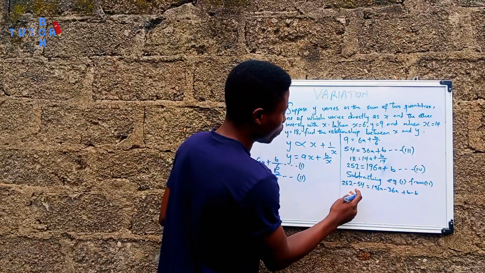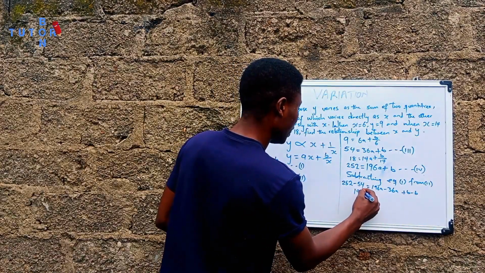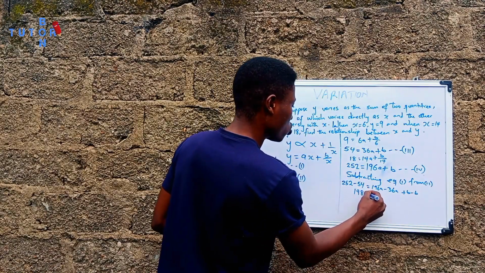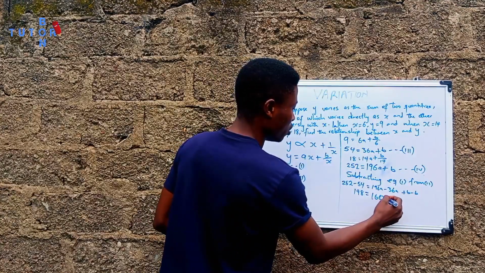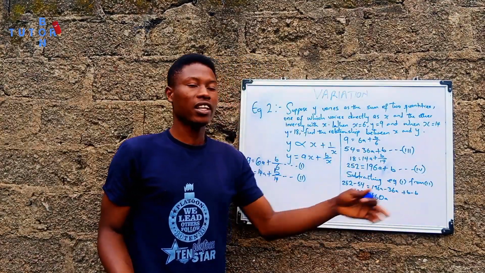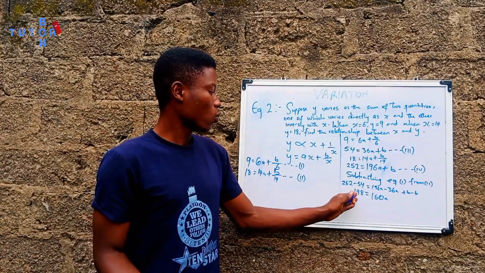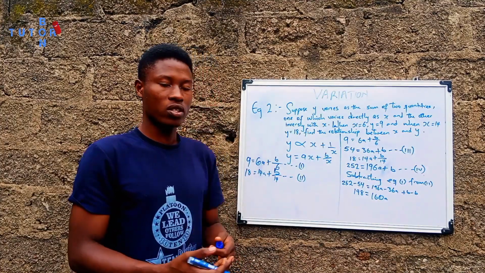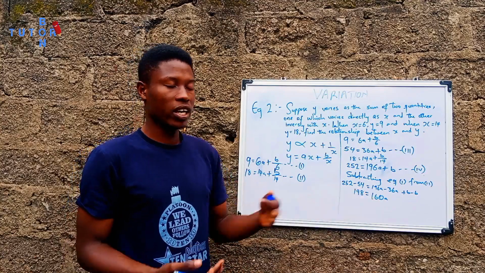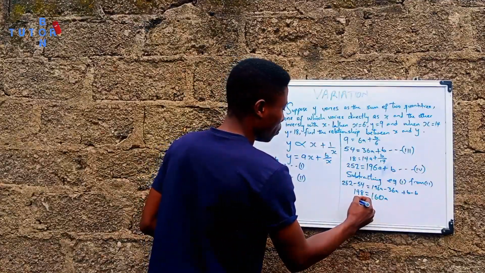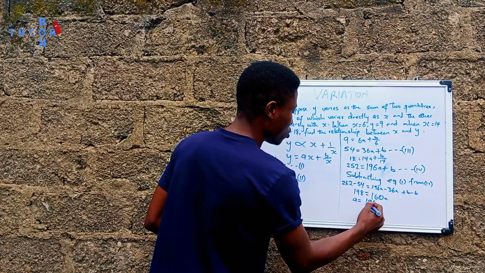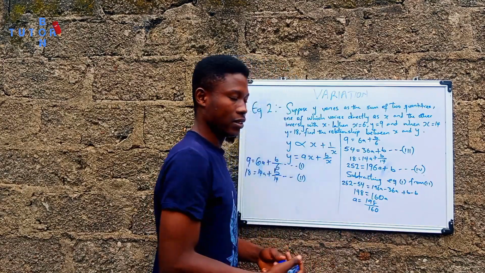252 minus 54 will give me 198, equals, this will give me 160a. I've eliminated b and I'm left with 198 equals 160a. So I have to make a the subject of the formula for me to find the answer of a, and therefore my a will be 198 over 160.